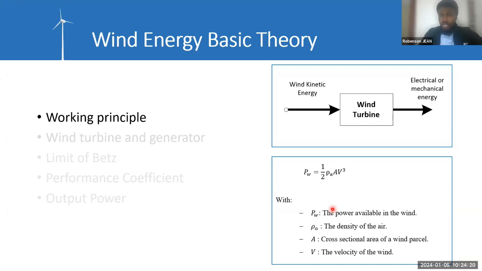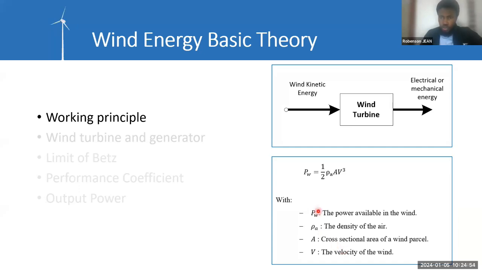The parameters to take into account are the control volume where the wind turbine is located. The most important factor is the cross-sectional area, or better to say, the swept area. The swept area is the area covered by the blades of the wind turbine.